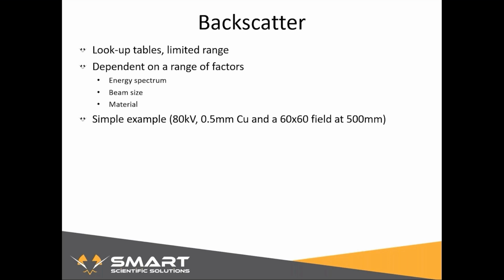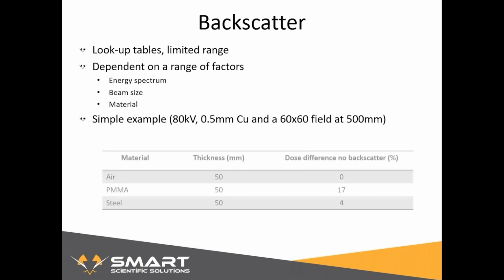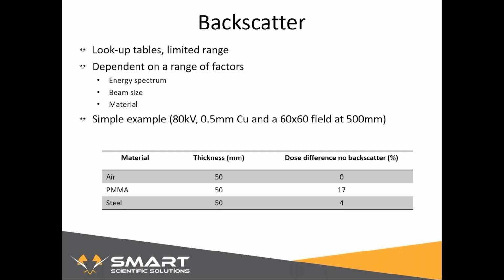And here I show a simple example of some backscatter factors that would not really be tabulated normally, with 80 kV copper filtration and a 60 by 60 field. You can see that for a 5 centimeter thickness PMMA, you get a backscatter factor of 1.17. And for steel, it will be 1.04. Often forgotten is that, for example, low energy photons in steel will actually cause less backscatter because of the high photoelectric cross sections.